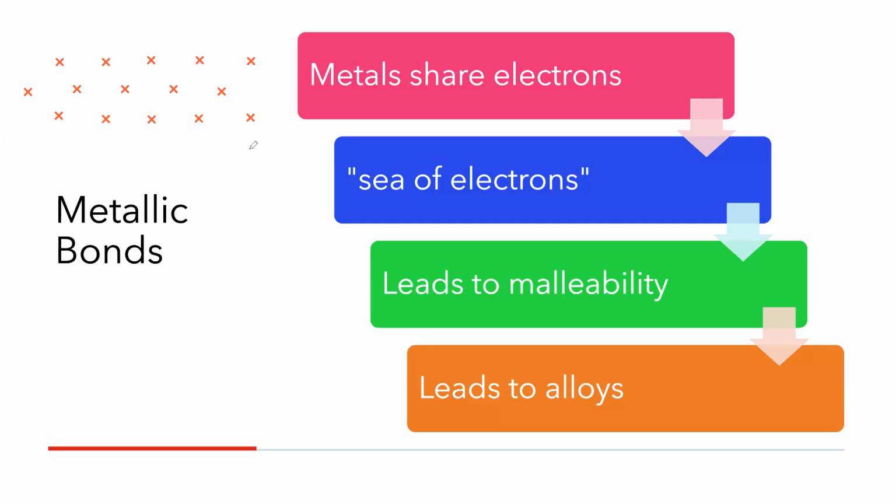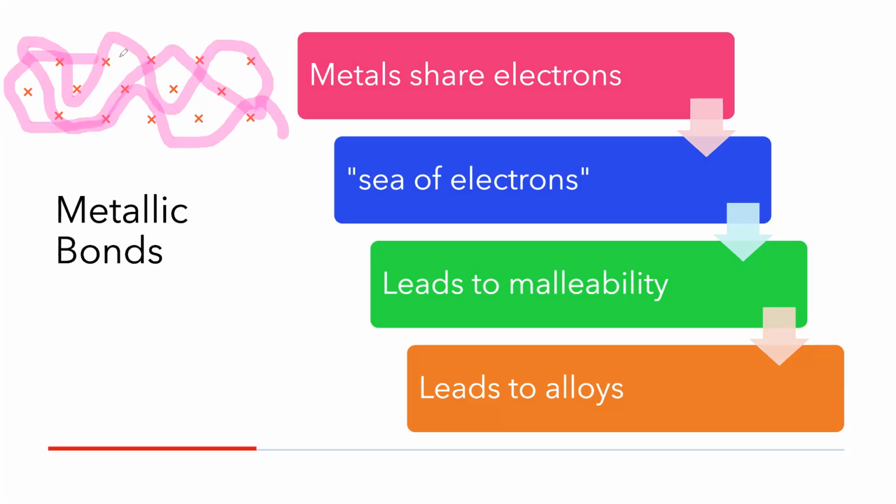Oh, somebody put it in the chat. Yeah, it's down there. So they've got 4 shells, 4 of those levels of electrons already full. So the nucleuses of the metals are kind of far away, and they're surrounded by all of these electrons. The outer electrons get to bounce around, and they're shared with all of the different atoms, and we call it a sea of electrons.